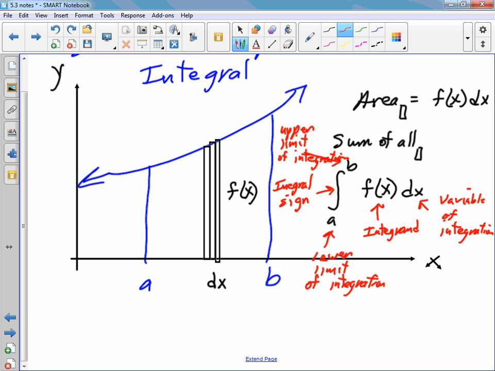And with the whole thing, we say the integral from A to B, or that interval. And basically you're saying we're just adding up all the little width times height, all the little areas, over that whole interval. Okay? Questions, worries? It's okay?